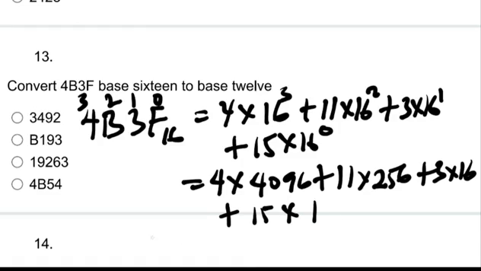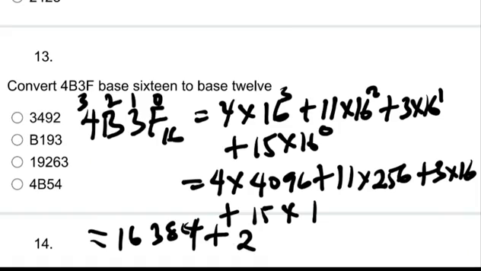So 4 multiplied by 4096 gives us 16,384, plus 11 multiplied by 256, that gives 2,816, plus 3 times 16, that gives 48, plus 15.